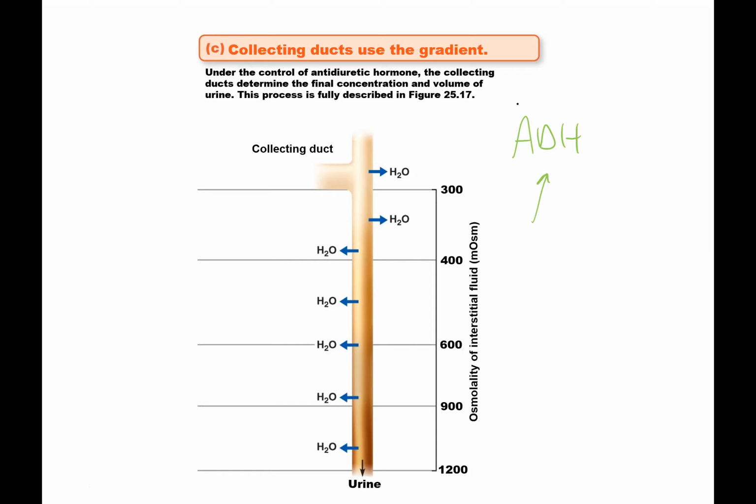If you had absolutely no ADH present, then you would be in diuretic mode, which means you'd be losing a lot of fluid. In the presence of ADH, you keep fluid, and that amount fluctuates throughout the day. And obviously, we need to have a little bit of urine, a little bit of fluid loss, so that the byproducts are expelled in a fluid environment.